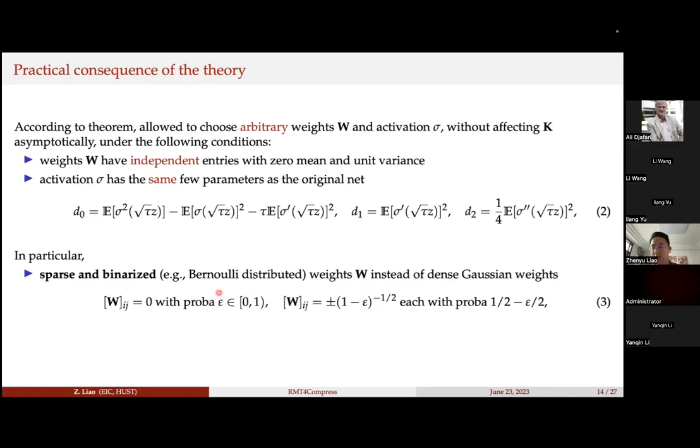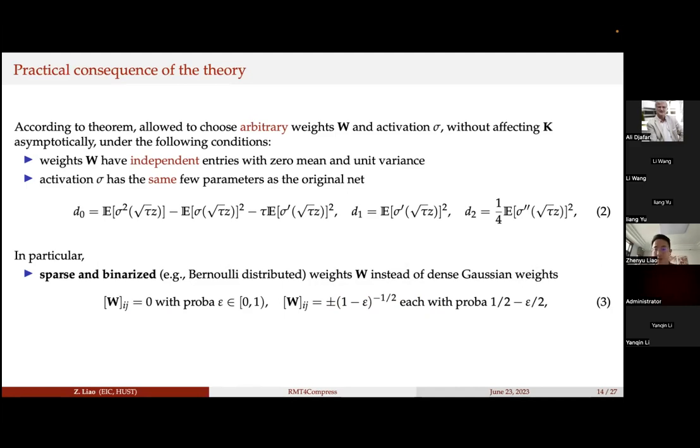Here we propose to use something more computationally feasible. The random weights can have some probability to be equal to zero, or otherwise to be plus or minus some quantity. These are well designed, so they take only either 0 or plus or minus 1, up to some scaling. So it's sparse and binarized.